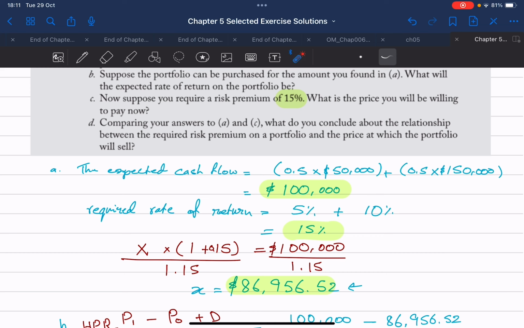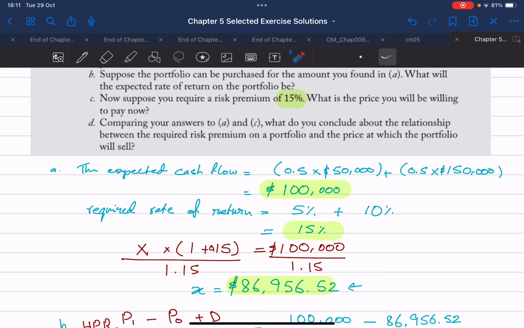You could say something along the lines of the higher the required return for the investor, the lower the amount that they are going to invest in their initial contribution to acquire that portfolio, which is going to return $100,000 at the end of the investment.